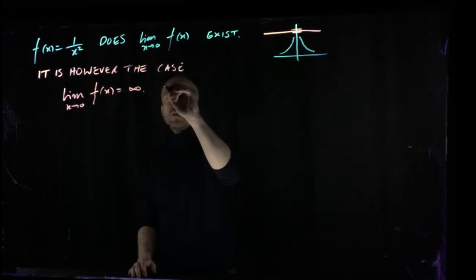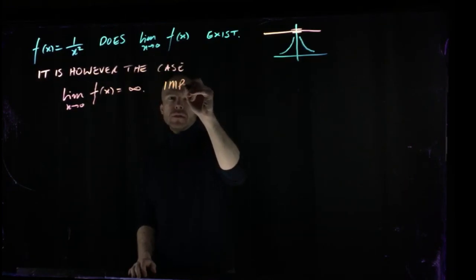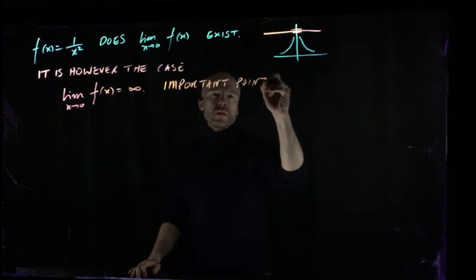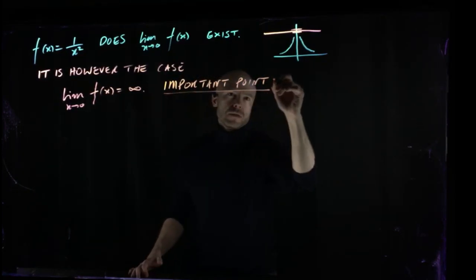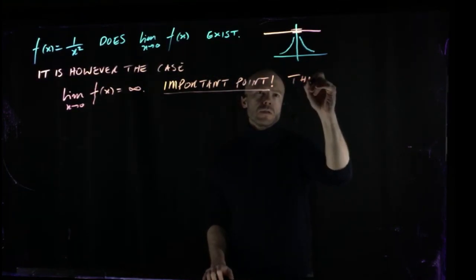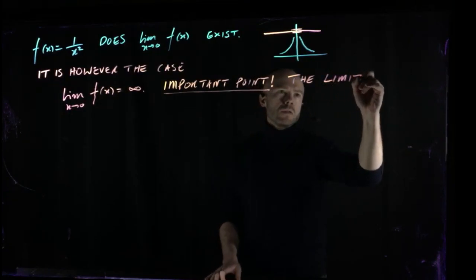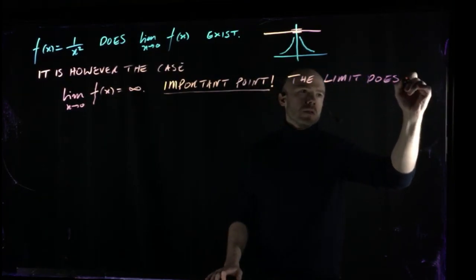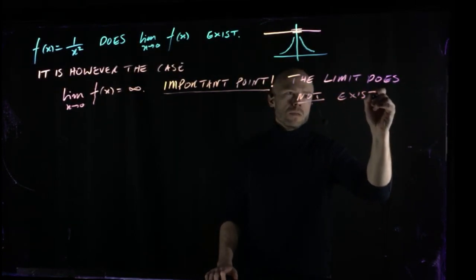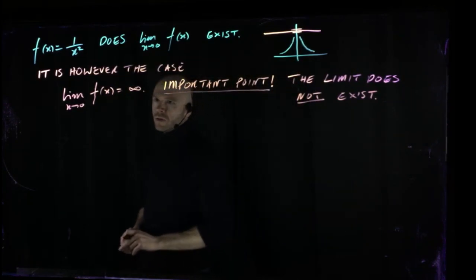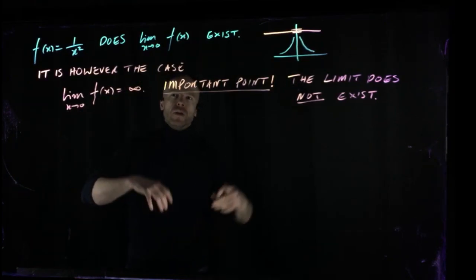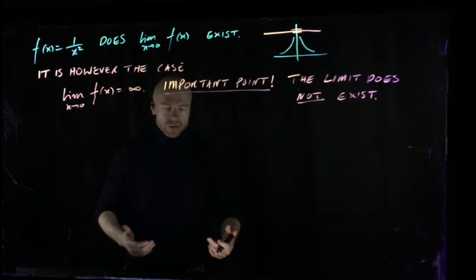Okay, let's write it down. So even though we write something in the language of math, which is the limit is equal to something, it's nevertheless a linguistic convention, it's nothing deep.